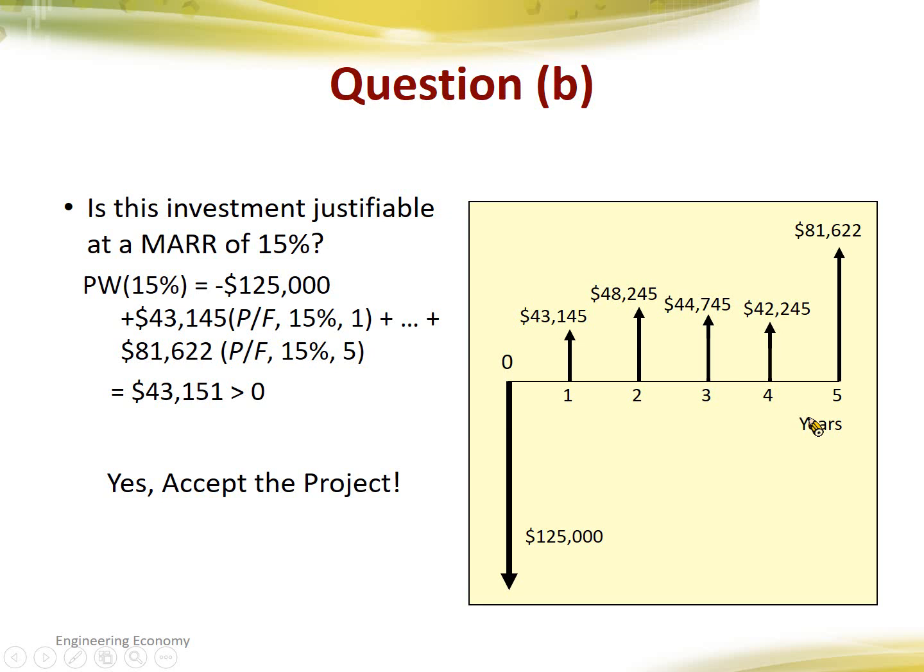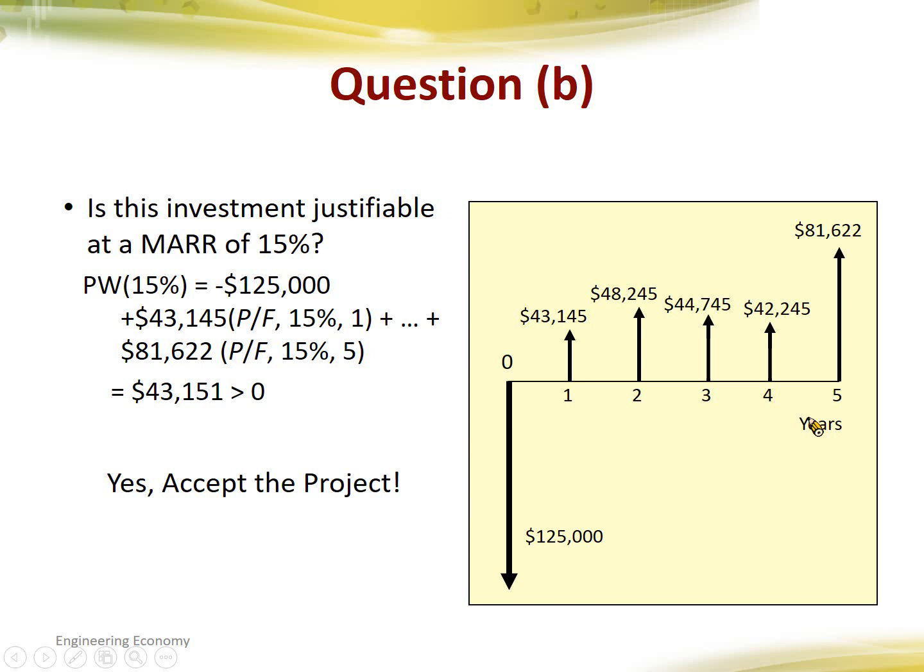Second is 43,145 given F by T, 15% for 1 year. So bring all these other values, this cash flow, to the present time. We sum them together and get 43,151, which is greater than 0.